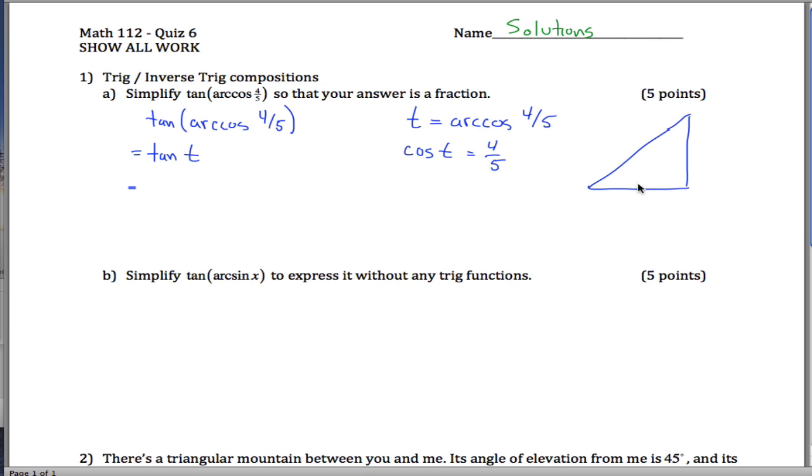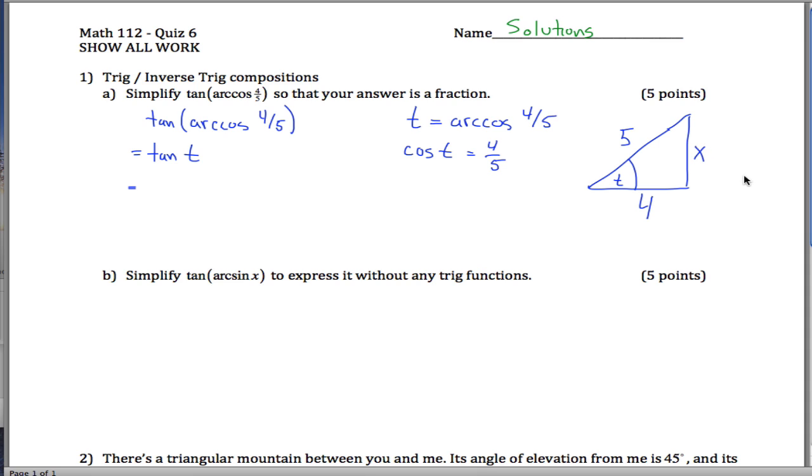And so if the cosine of t is equal to 4/5, I can draw a triangle and take advantage of SOHCAHTOA. If this is t down here, the cosine of t is adjacent over hypotenuse. This should be 4, hypotenuse should be 5. And this other side, maybe I'll call it x.